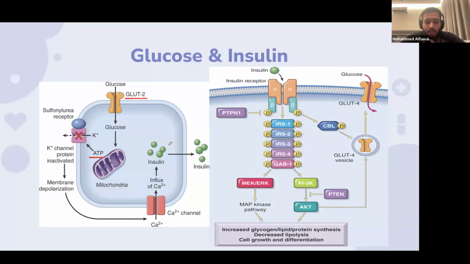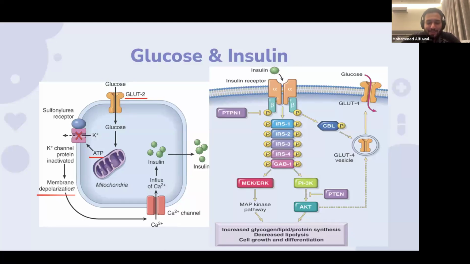Potassium will usually move out of the cell, so the positive charge moves out, causing the charge inside the cell to become more negative, which is hyperpolarization. You inhibit this, potassium will stay in the cell, which means it's going to be more positive inside, which will cause depolarization. Okay? First year physiology from a long time ago.